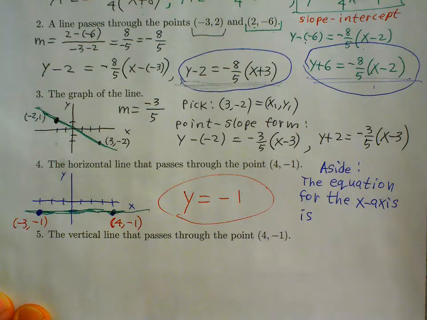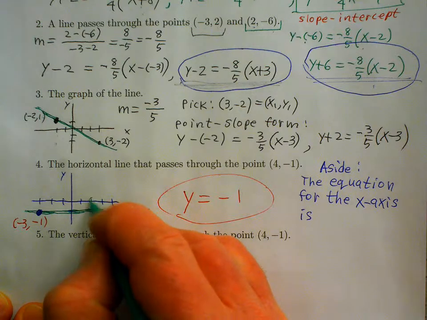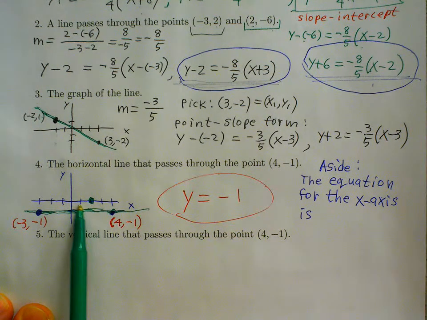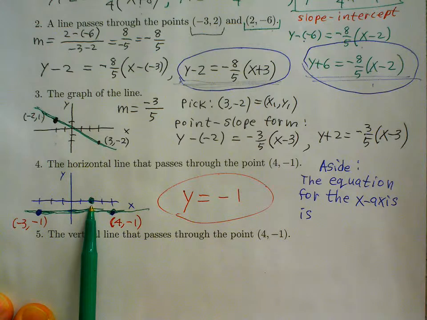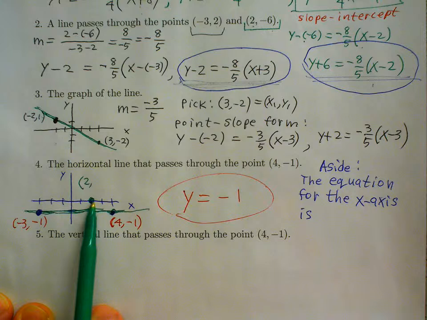Okay, pick a point on the x-axis and find the x and y coordinates. So in this picture, I'll pick this point. What's the x coordinate for that point? 2. What's the y coordinate for that point? 0.